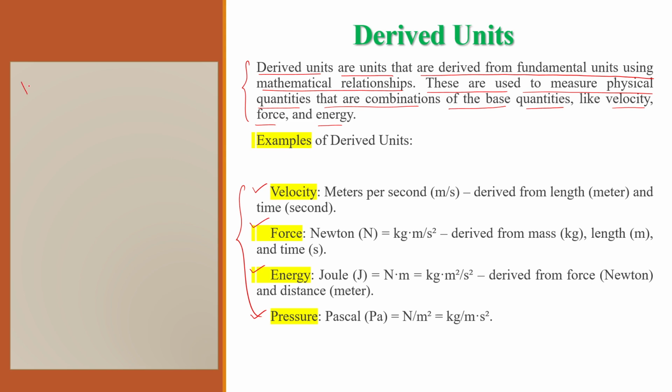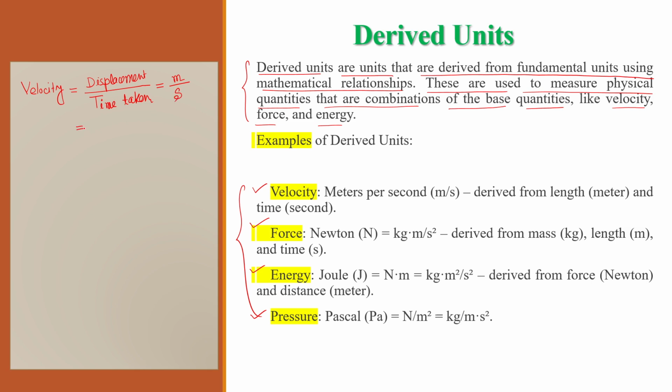First of all, we are considering velocity. Velocity is represented as displacement by time taken. Displacement is represented in SI system in meter unit, and time is represented in second.